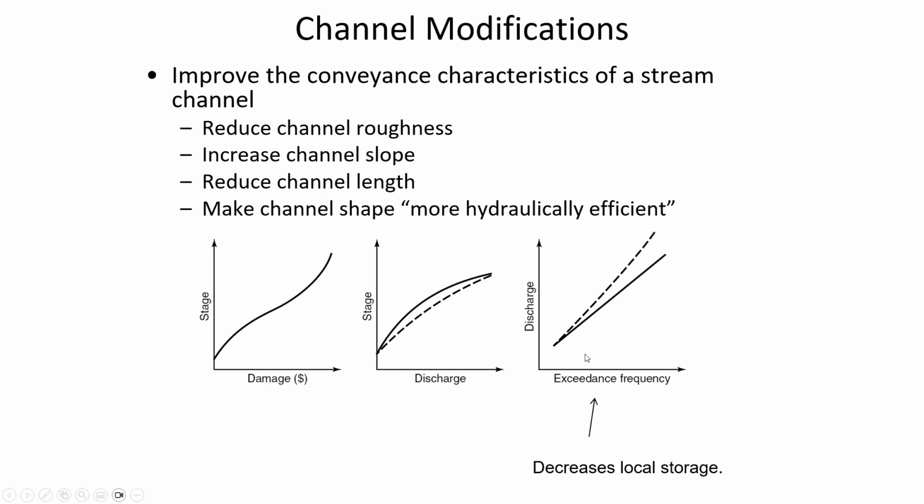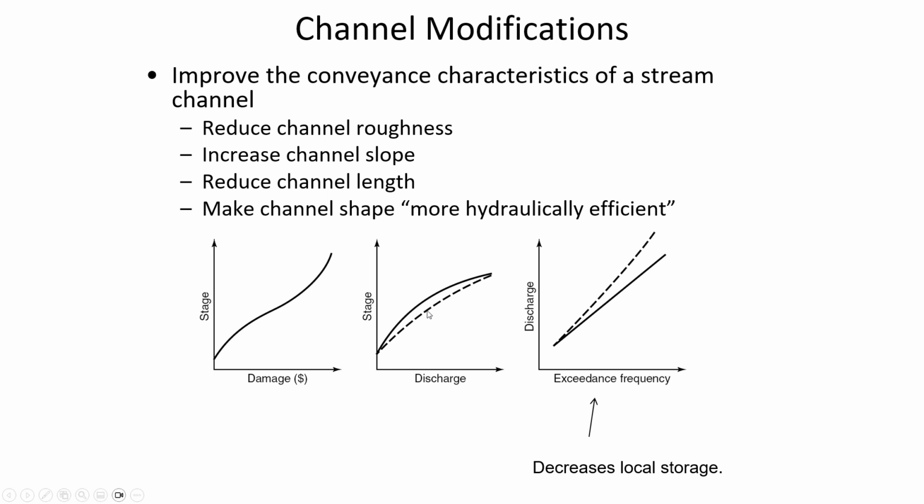So for a certain return period or exceedance frequency, you've got a higher discharge through the channel than you did before you made the modification, because the water's moving faster, so everything concentrates more quickly. That's why the discharge relationship's higher. But fortunately, that's more than offset by the lower discharge versus stage relationship.